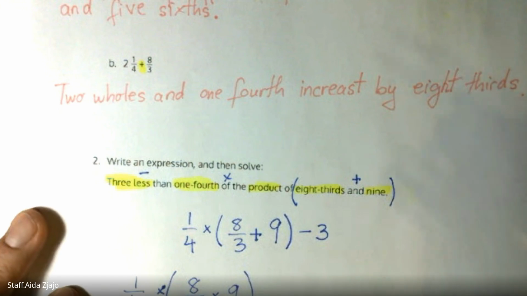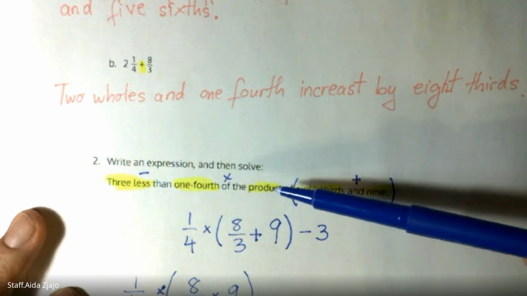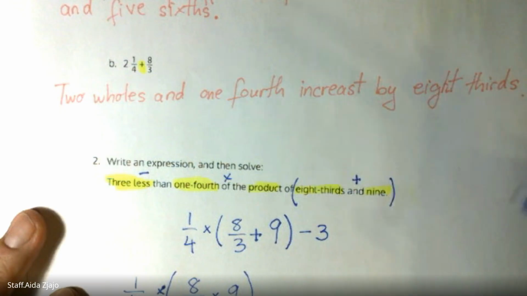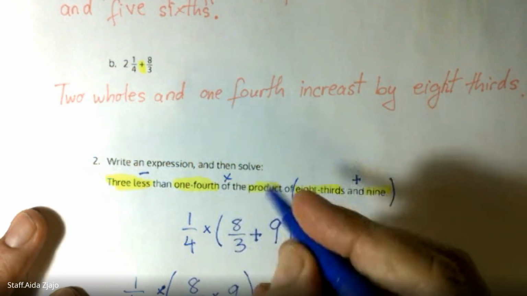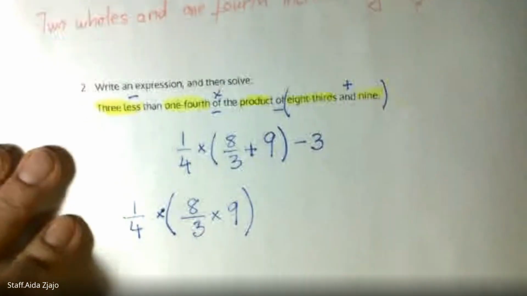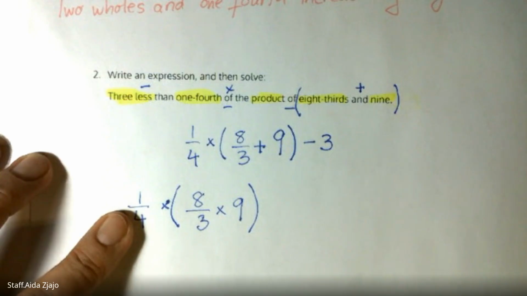"Of" and "of", that's kind of tricky. So it could actually be this or that.